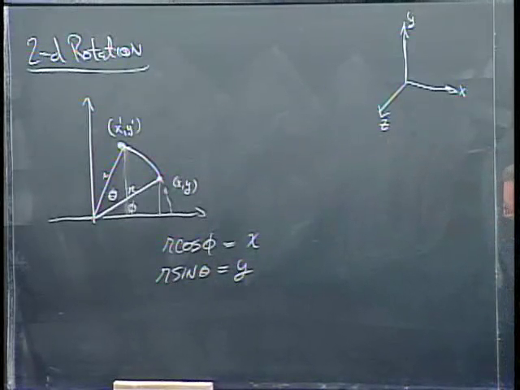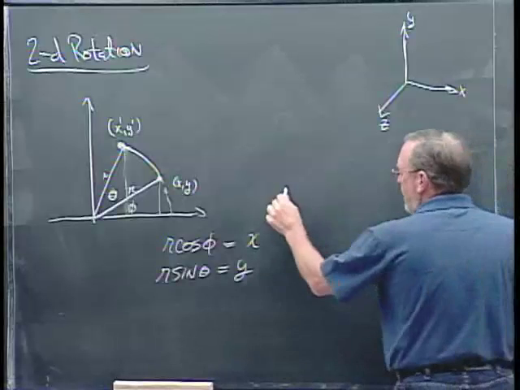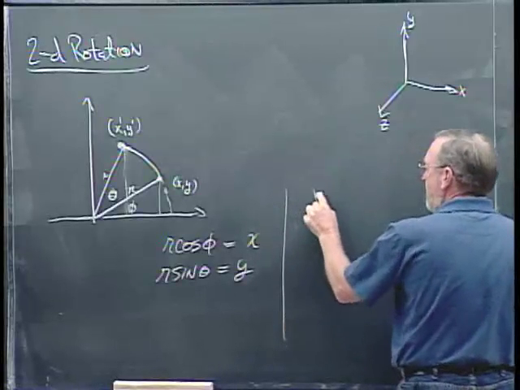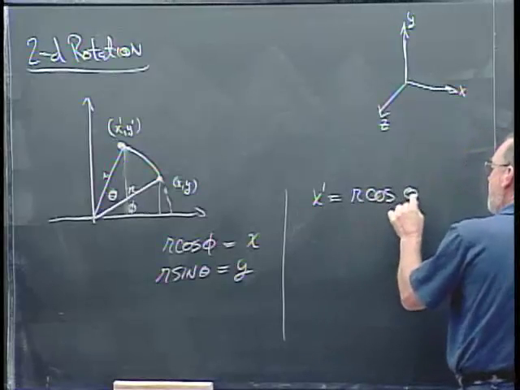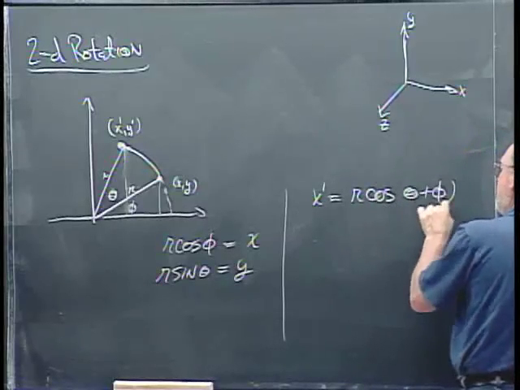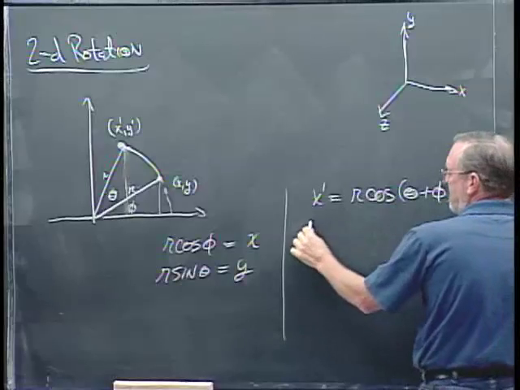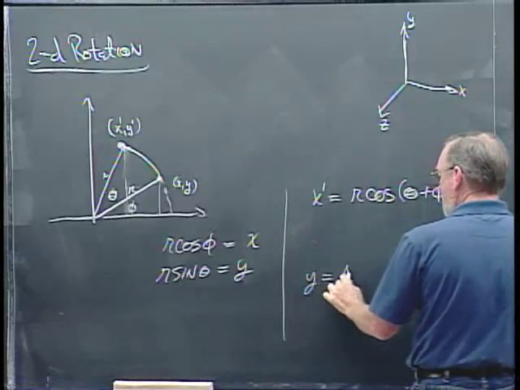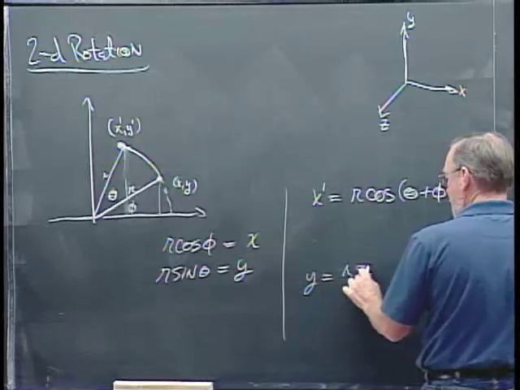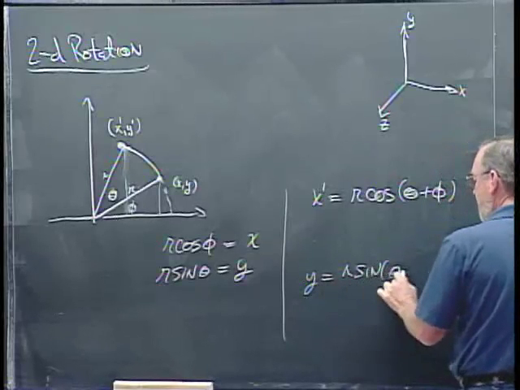Then x prime is going to be r cosine of theta plus phi, because I've rotated it theta. And y prime is equal to r sine of theta plus phi.